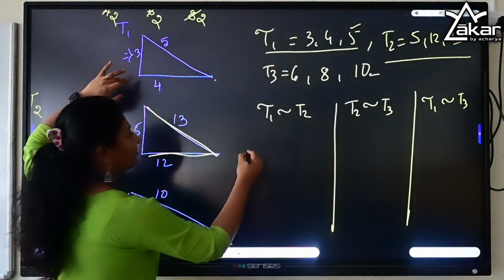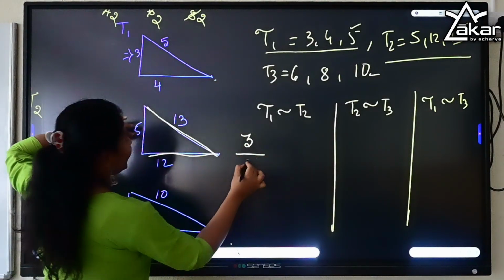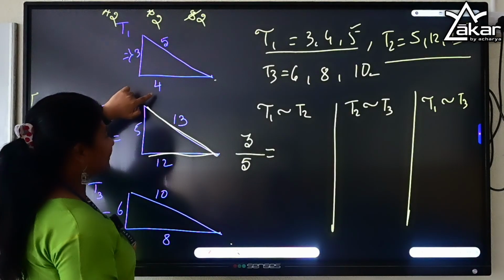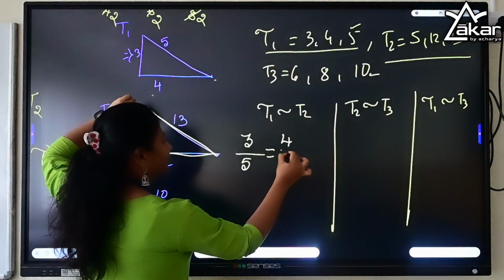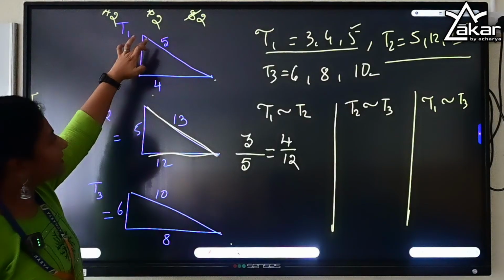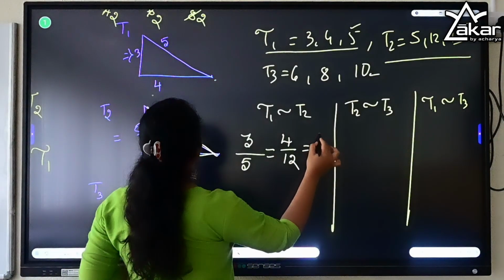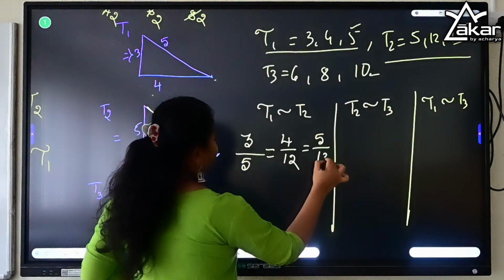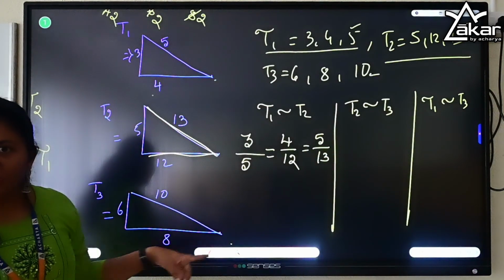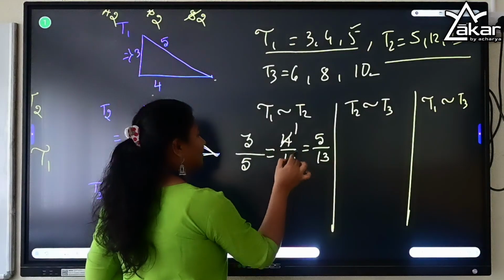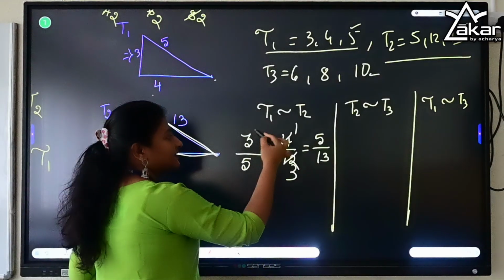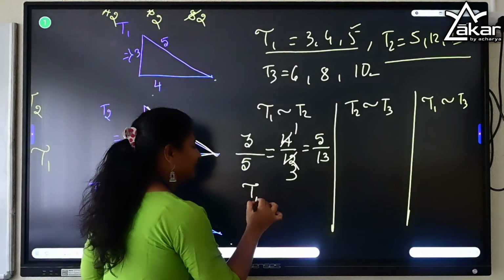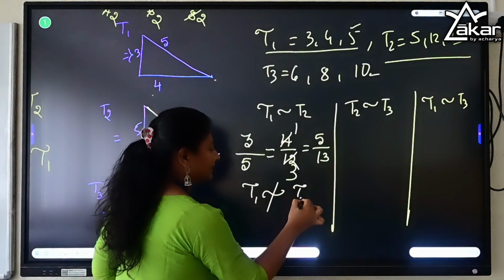So 3 divided by 5 equals, next, the base, 4 divided by 12, and the hypotenuse, 5 divided by 13. Are these equal? You would get 1 by 3 for one of them, but both terms are not giving 1 by 3. No. So, T1 is not similar to T2.